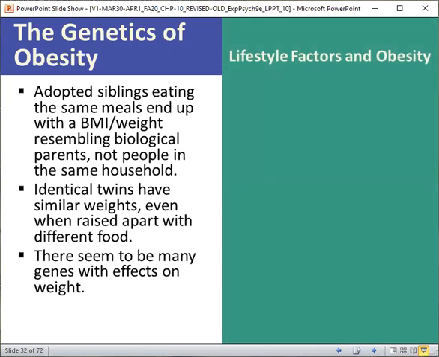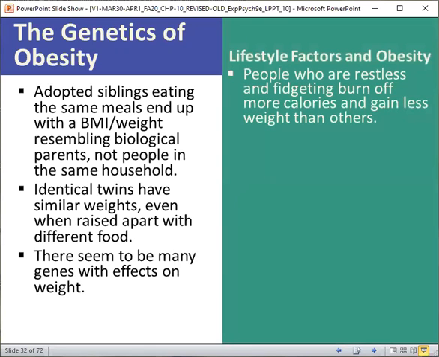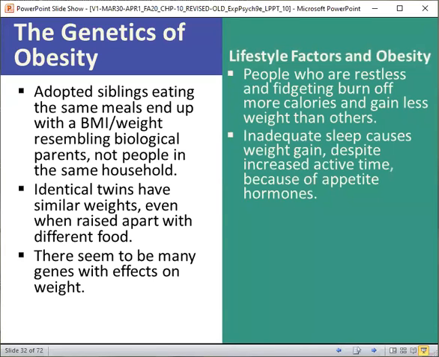Now, lifestyle factors in obesity. We see people who are restless and fidgety burn off more calories and gain less weight than others. Inadequate sleep is one of the things which is going to be a problem for many people. Over my years of teaching, people say they do have some sleep issues. If they're having weight issues too, this is most likely the cause.